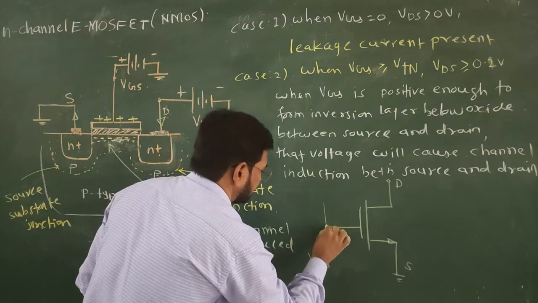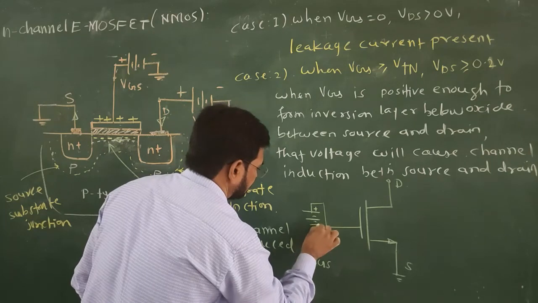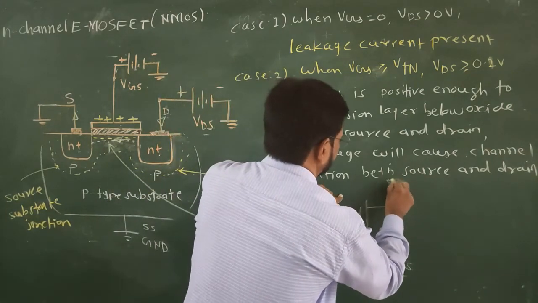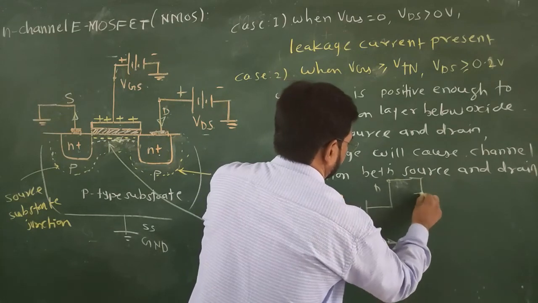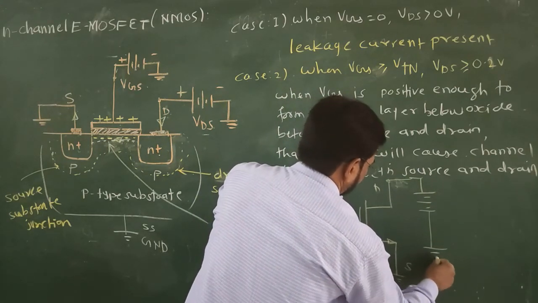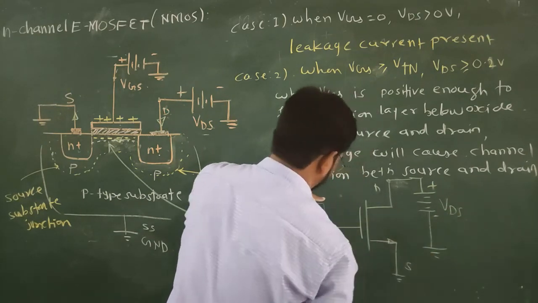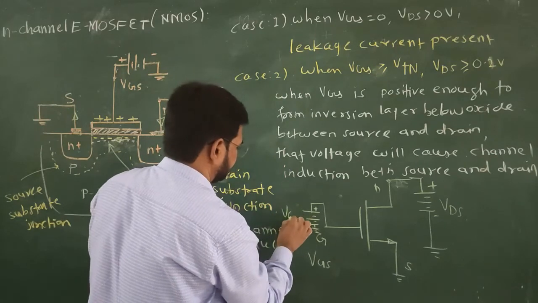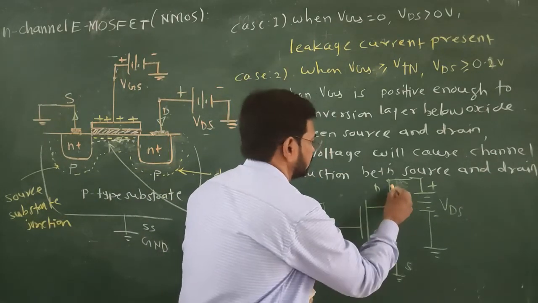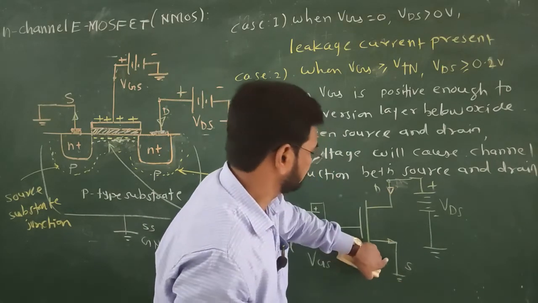So, it is positive voltage, and drain is at positive potential. See, it is positive potential VDS and it is VGS, and the current flows from drain to source. So, it is the drain and it goes to the ground source.